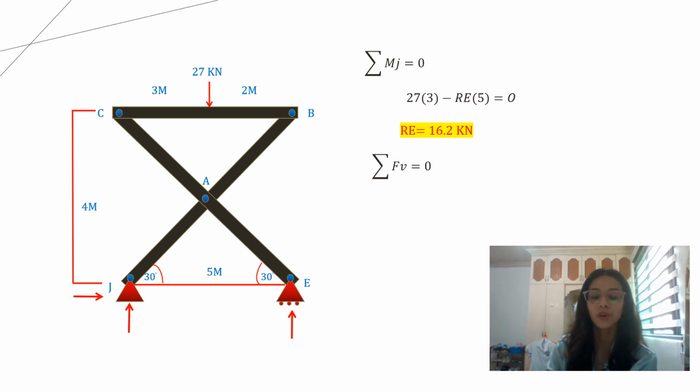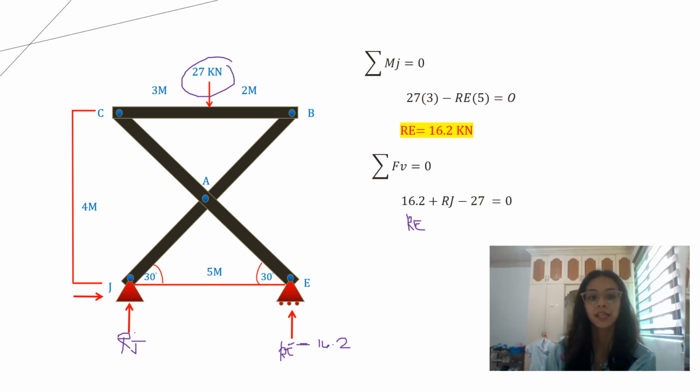So for our force vertical, we have 16.2, which is our RE, plus our RJ, reaction J, minus 27 kN.